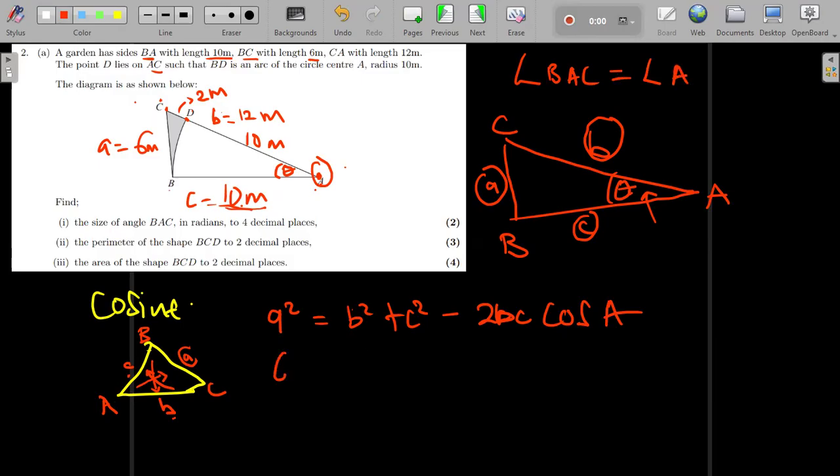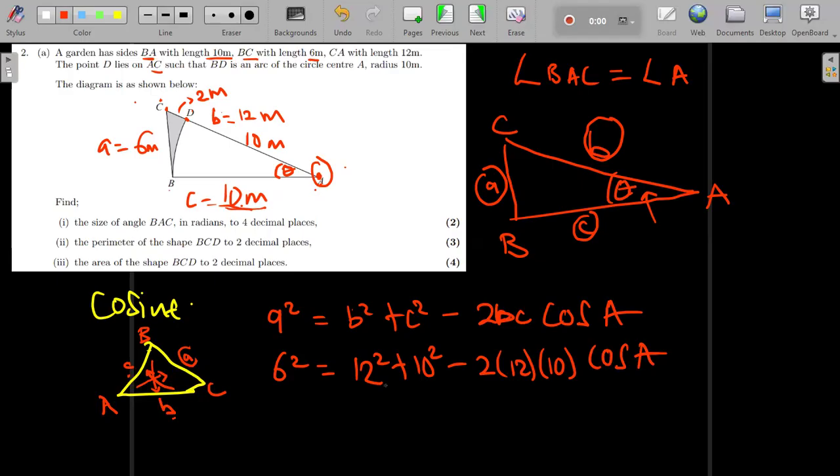A is 6, so 6 squared equals B, which is 12 squared, plus C, which is 10 squared, minus 2 multiplied by B, which is 12, and C, which is 10, and then cos A.